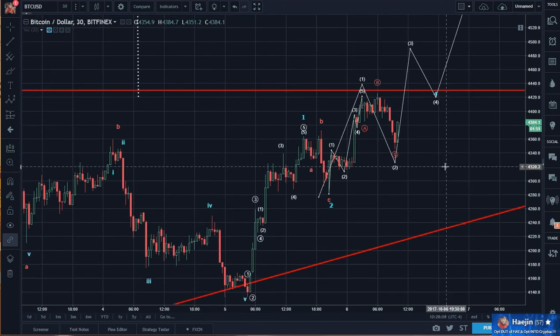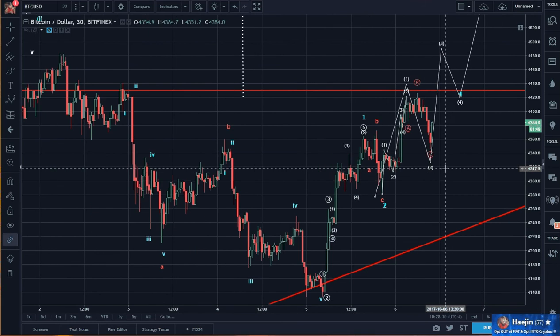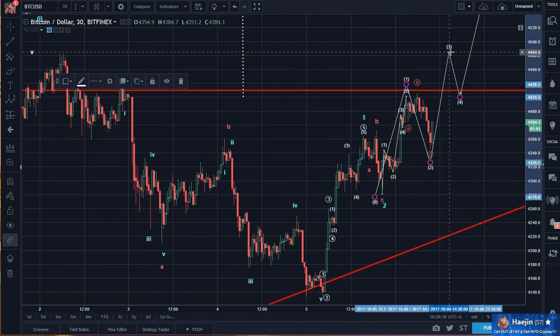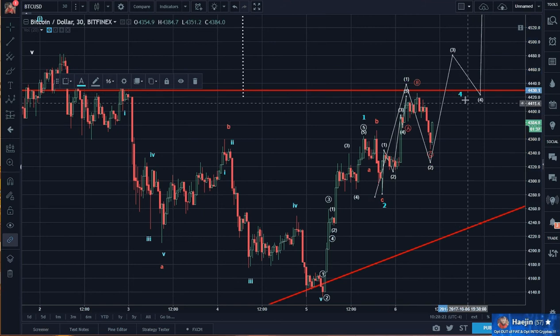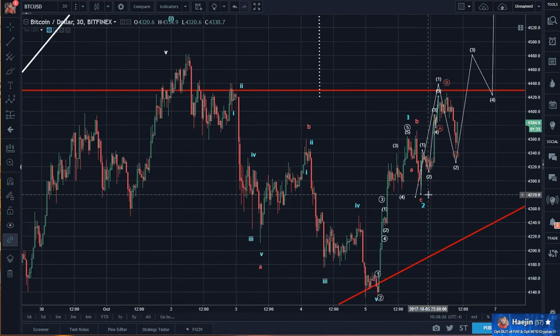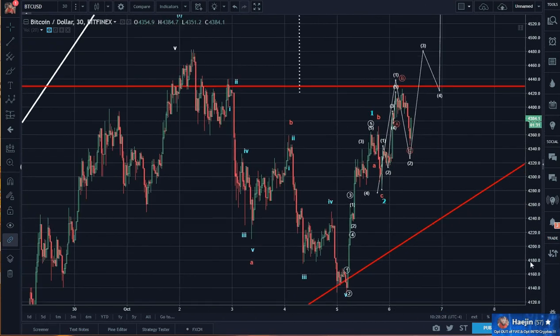Now let's zoom out a little bit. Could have a left shoulder, head, and then the right shoulder.